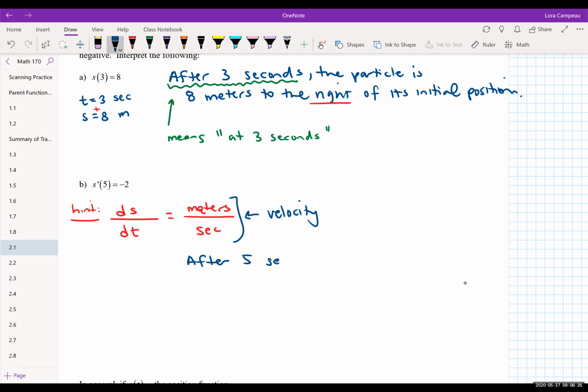After 5 seconds, the particle is moving to the left. Again, why did I say left? Let's go back. We see that negative sign.